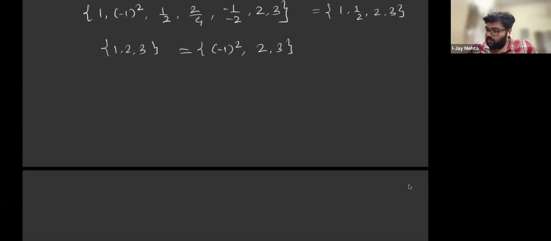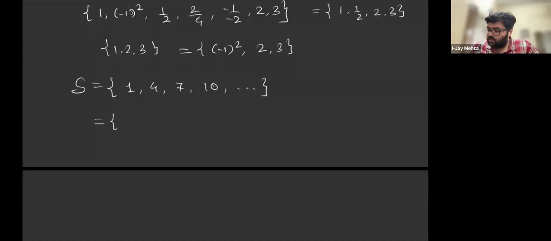Now I'm giving you one set, and we have to write it. So consider S equals, let's say, 1, 4, 7. Can you identify this set? Those who can identify the set, click yes. We want to write it in terms of a property.